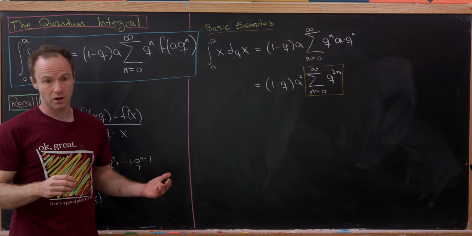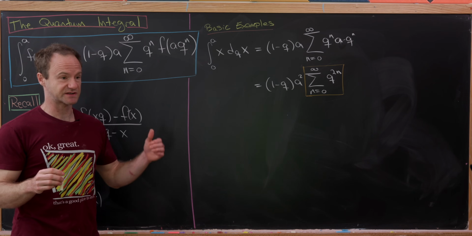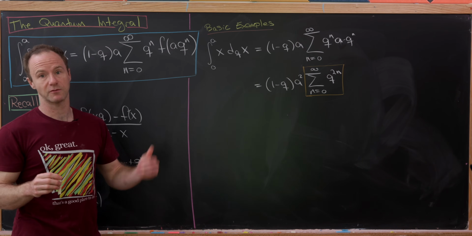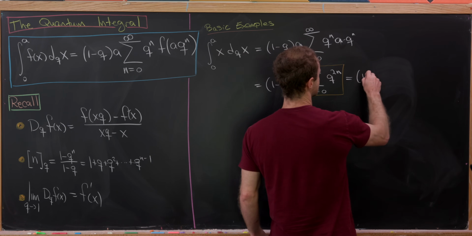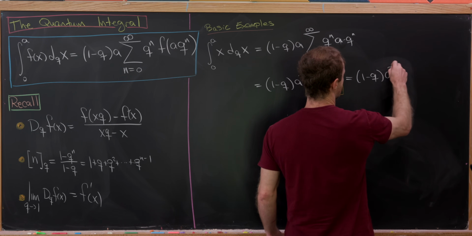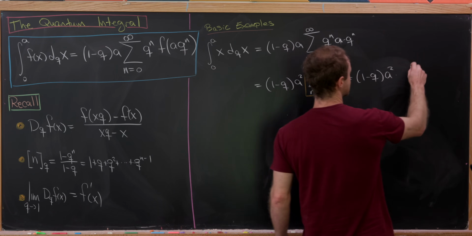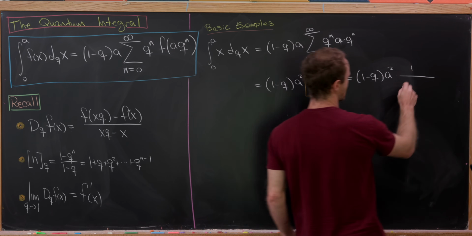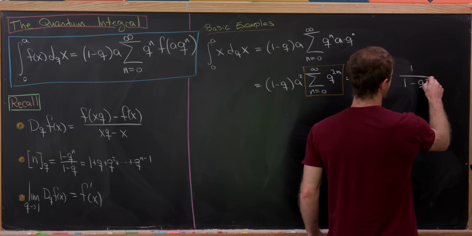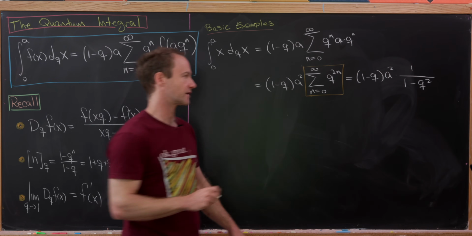Let's recall that the sum of a geometric series is the first term over 1 minus the common ratio. So we have this 1 minus q out front, this a squared, and then times 1, because that's the first term, over 1 minus the common ratio, so that'll be 1 minus q squared.